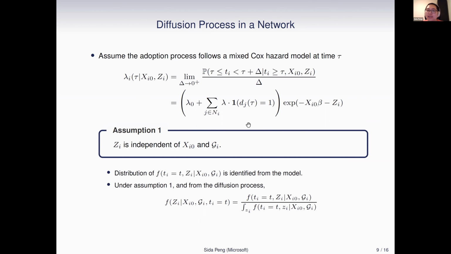One could just write down the likelihood of this, and then directly estimate the coefficients inside the lambda, beta 0, and also the distribution of Z_i. Once you have the distribution of Z_i and also the joint distribution of T_i and Z_i, you will be able to back out the distribution of Z_i given T_i from this. I see. Okay, great. I think I missed this part, so that's why I thought that's unidentified, but great.